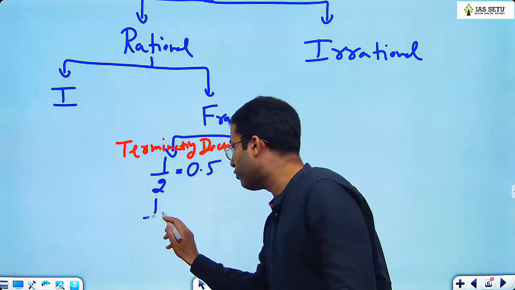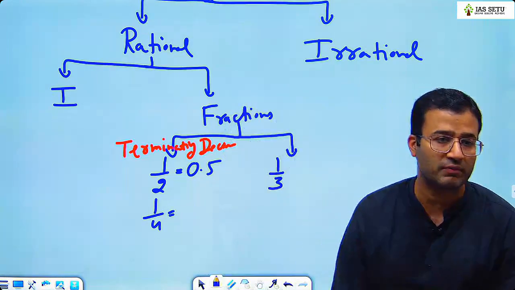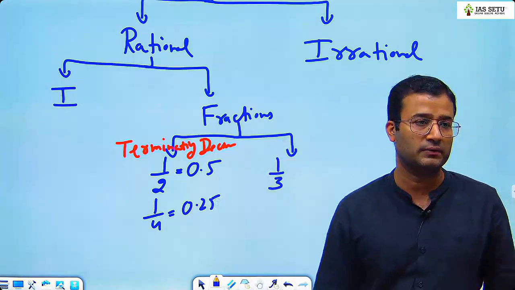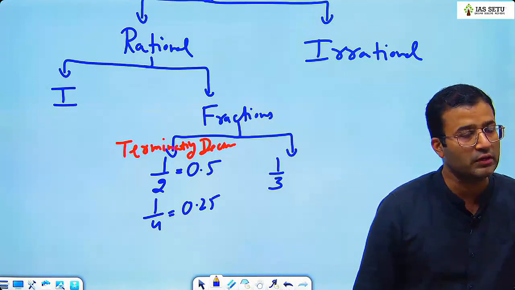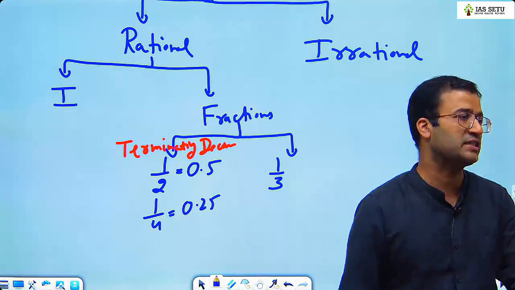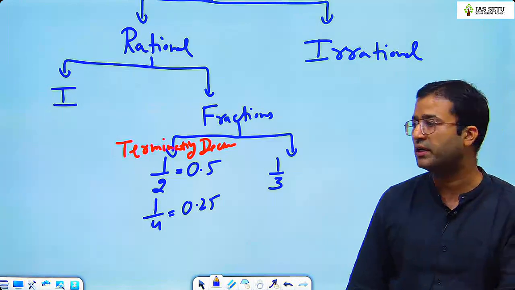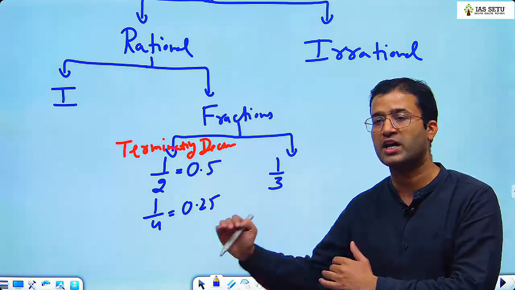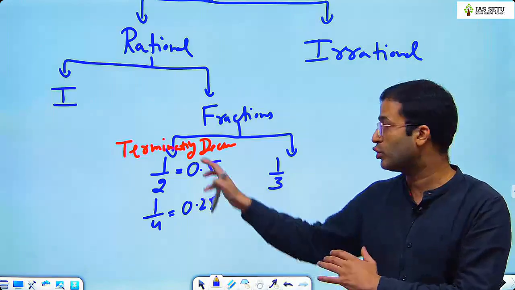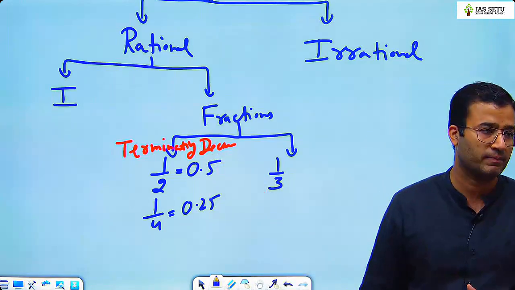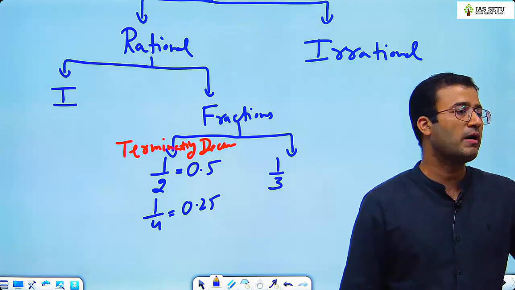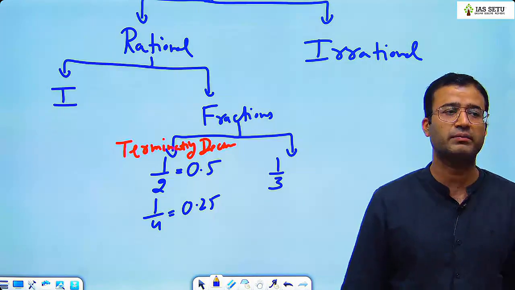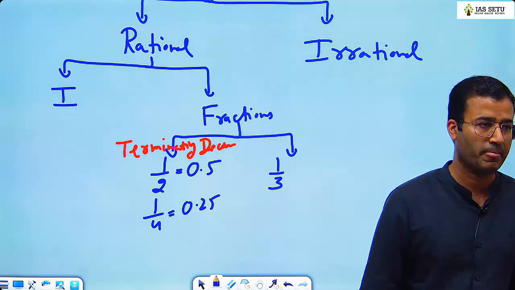One by 4, what is 1/4? 0.25. They terminate. When you convert any fraction into decimal and it terminates, maybe after 1 digit, 2 digits, 10 digits, 100 digits, but it stops, we call it a terminating decimal.